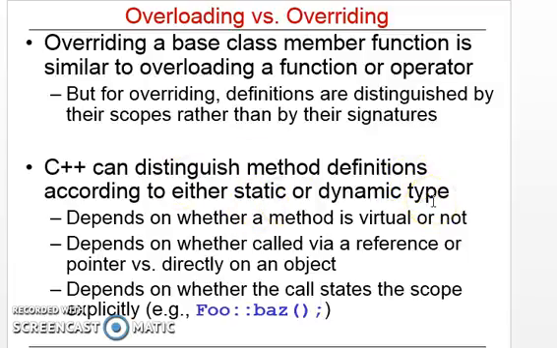So it may be dynamic binding, or it may be static binding. It depends on whether a method is virtual or not, on whether it is called via a reference or pointer versus directly on an object, and on whether the call states the scope exactly. As shown in this example, the baz function exactly belongs to foo. This is the scope resolution operator we are using here.